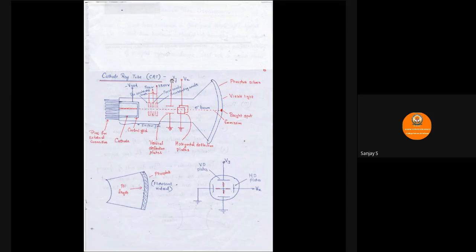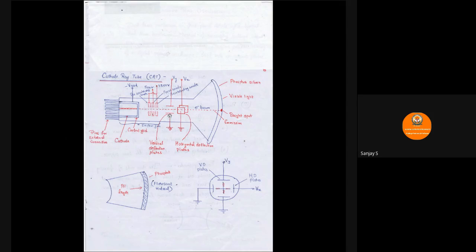So Vy is basically, when Vy becomes positive, the electron, being negatively charged, tends to move upwards, and when Vy is negative, it tends to move away from the upper plate, and it moves towards the downward plate.